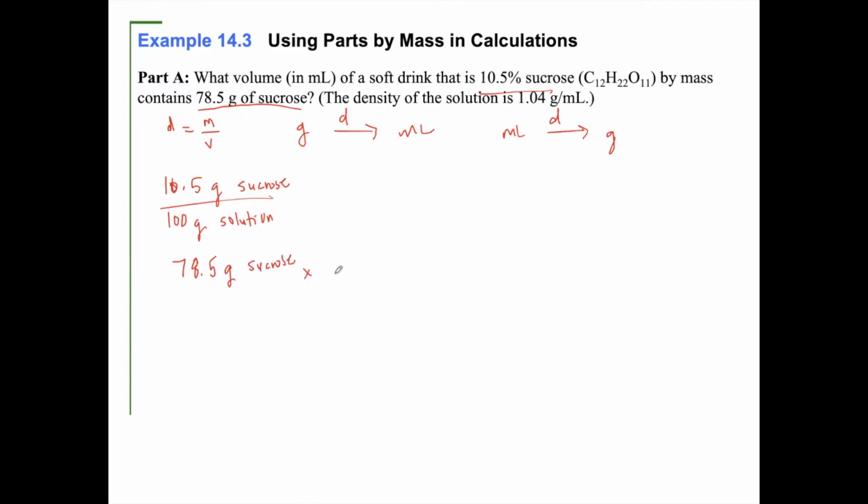and we know that for every 100 grams of solution, we have 10.5 grams of sucrose. And we know that because the density is 1.04 grams per milliliter, 1.04 grams of solution is present in 1 milliliter of that solution.